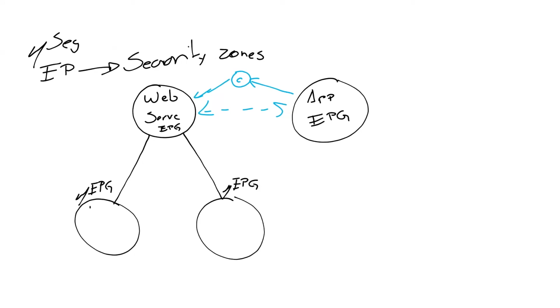So you can have two different EPGs, one for production web servers and one for development web servers. So this is the first example of microsegmentation.